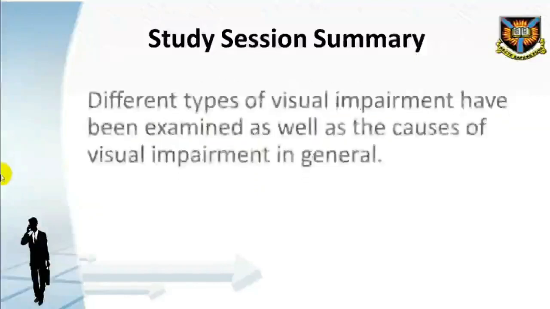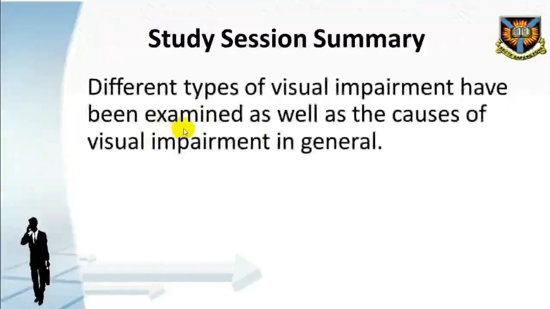These have been clearly spelled out to assist teachers in helping the children. Different types of visual impairment have been examined, as well as the causes of visual impairment in general.